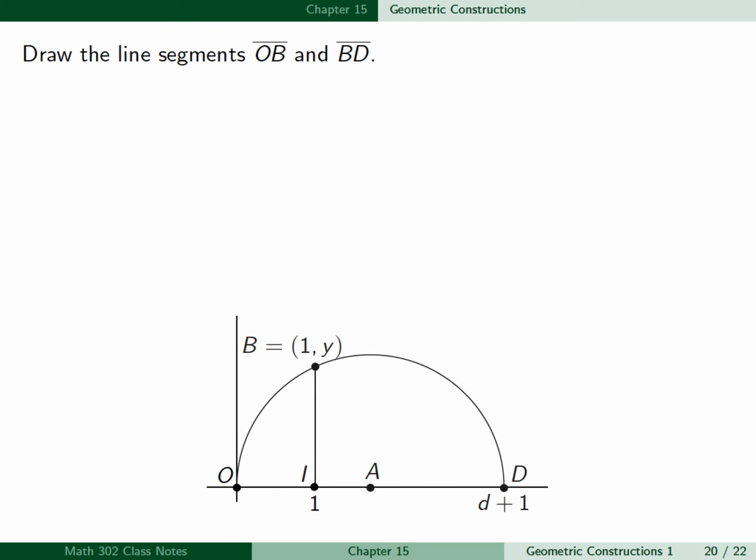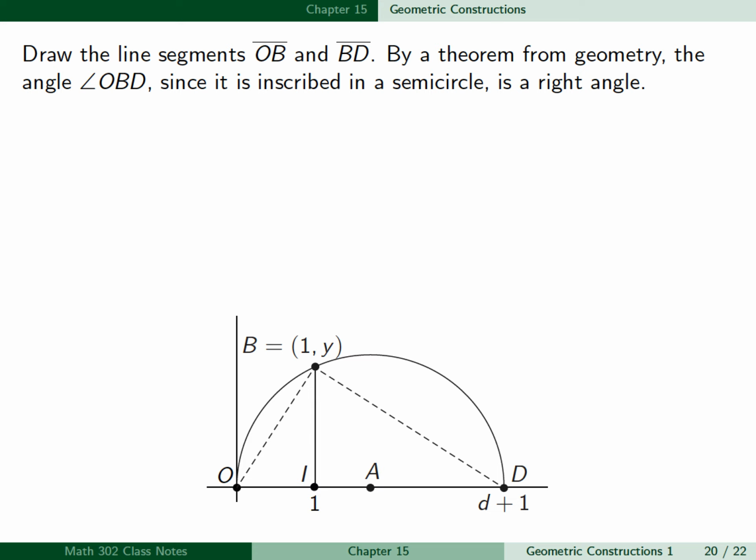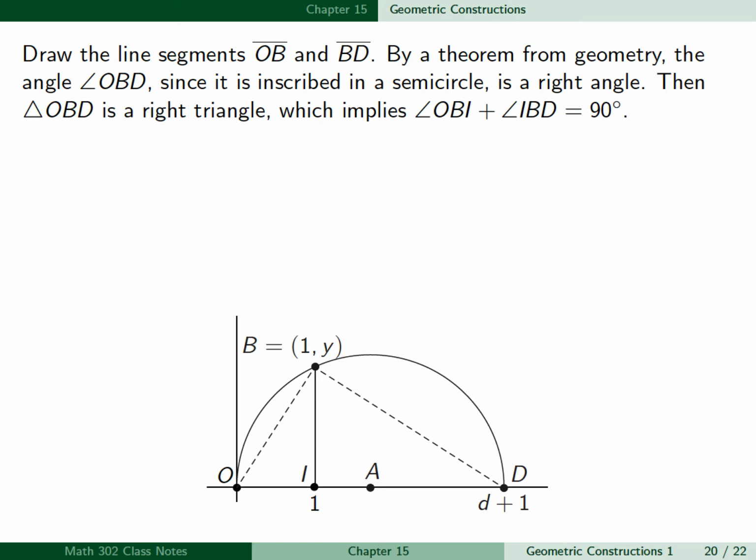So we'll start by drawing the line segments OB and BD. And by a theorem from geometry, the angle OBD, since it is inscribed in a semicircle, is a right angle. And then the triangle OBD is a right triangle, which implies that the sum of its acute angles, so angle OBI plus angle IBD, add up to 90 degrees.